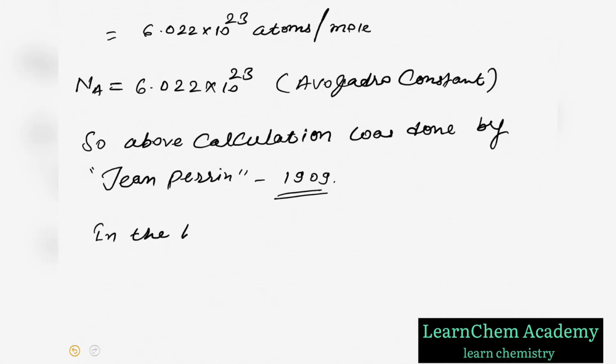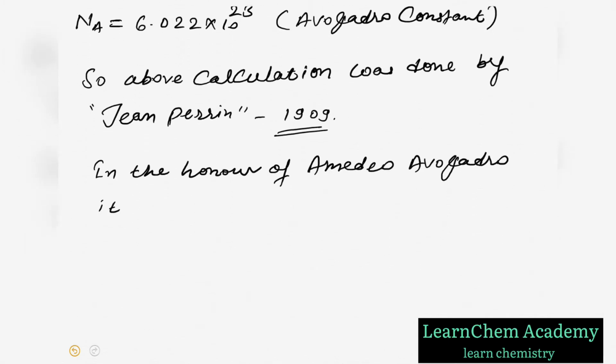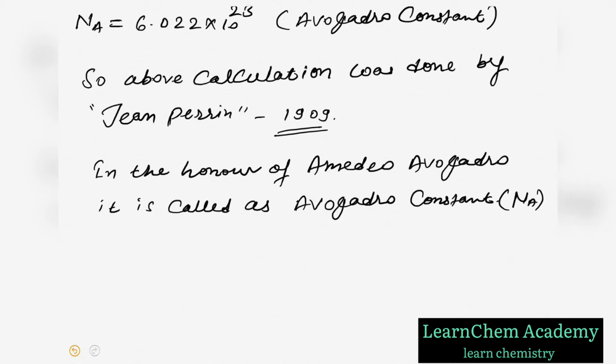So in honor of Amedeo Avogadro, it is called the Avogadro constant, which we denote by Na.